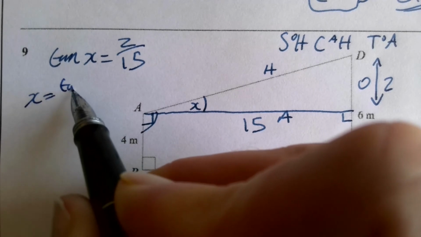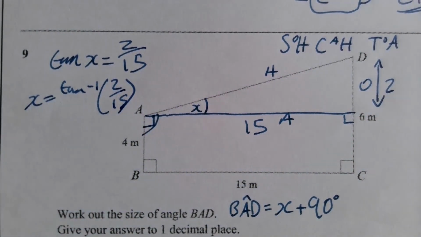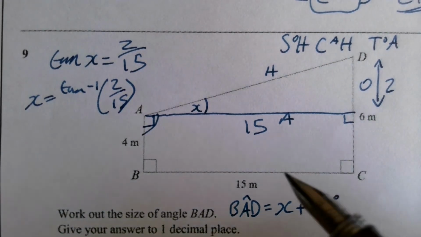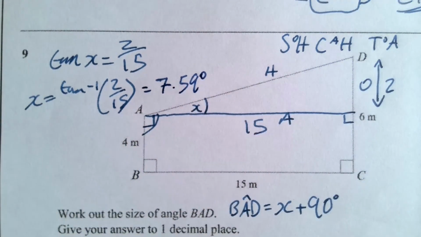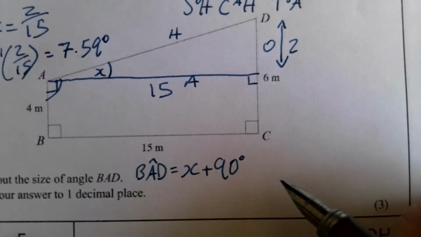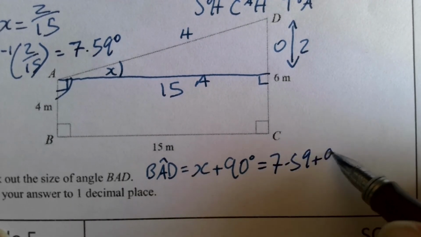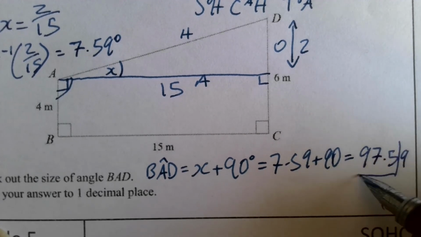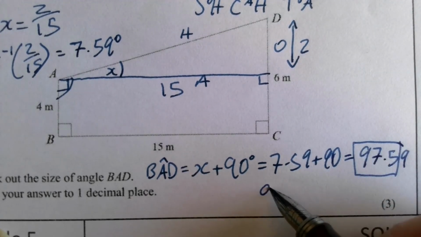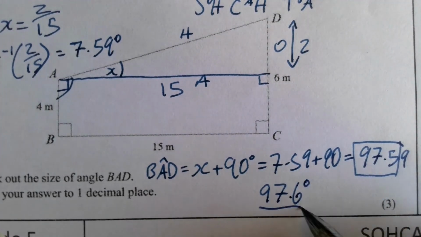X will be tan to the -1 of 2/15, which should give you 7.59 degrees. So if we add that to 90, that would give us 97.59, and I can round that to 3 significant figures as being 97.6 degrees.